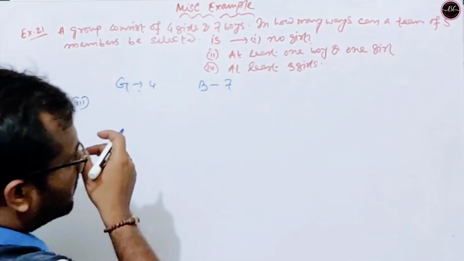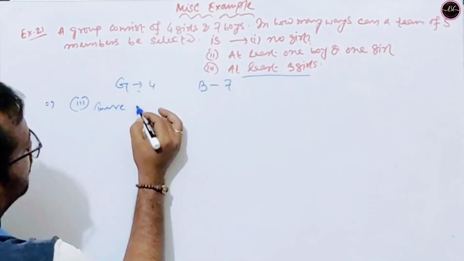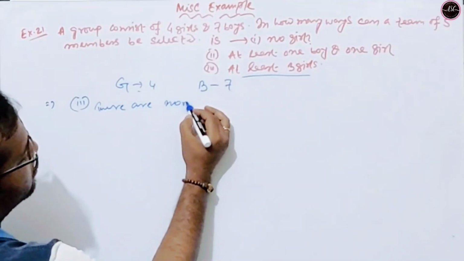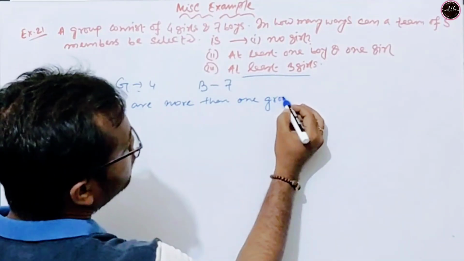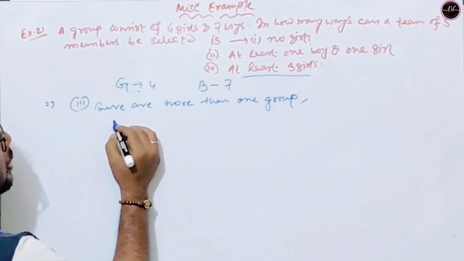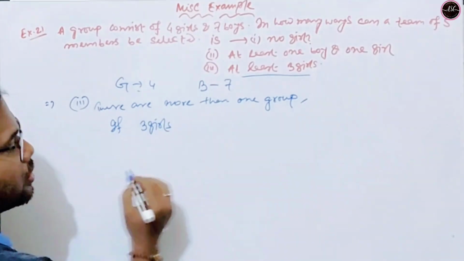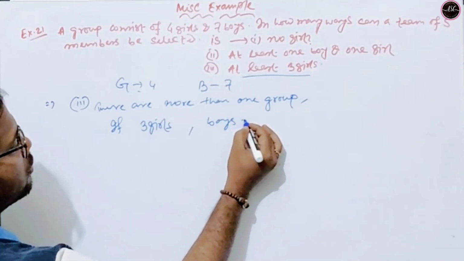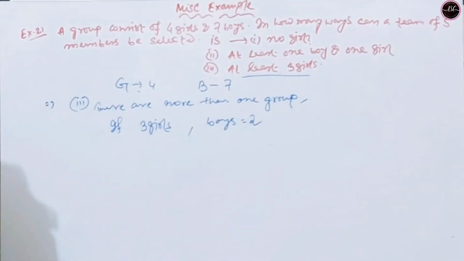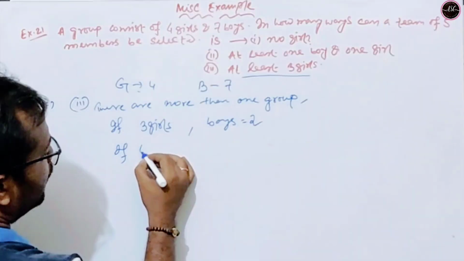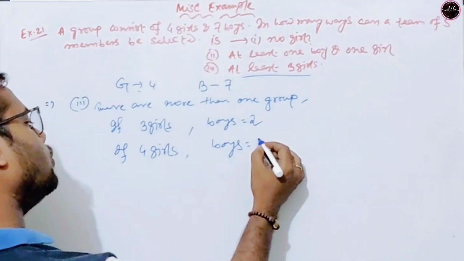For this 3 we have to select at least 3 girls. So there is more than one group. The groups shall be: if 3 girls, then boys equal to 2. And if 4 girls, then boys equal to 1.